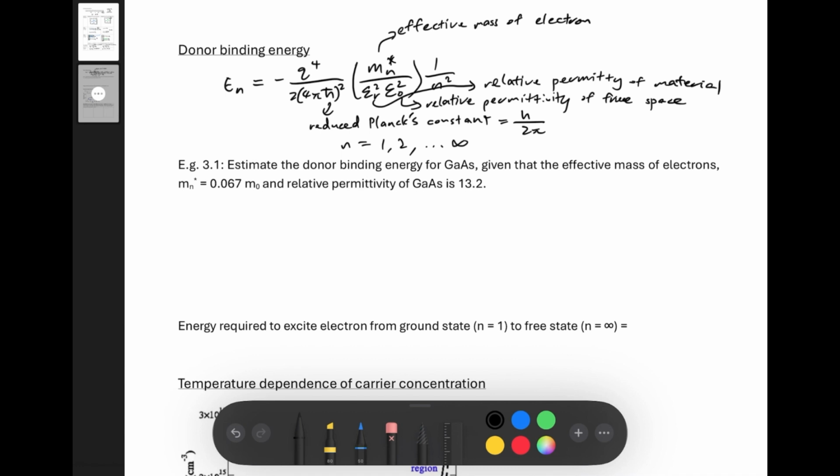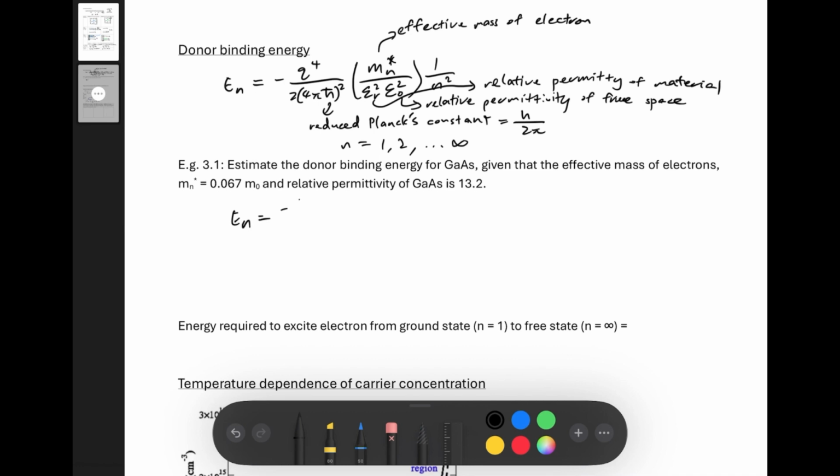So that's the donor binding energy, and let's try to use this in example 3.1. Estimate the donor binding energy of gallium arsenide given that the effective mass of electrons Mn star is equal to 0.067 M0, and the relative permittivity of gallium arsenide is 13.2. So this is quite straightforward, so it's just subbing into the equation.